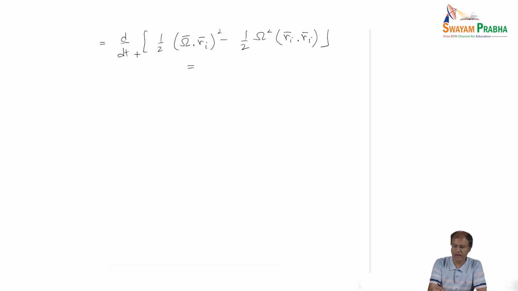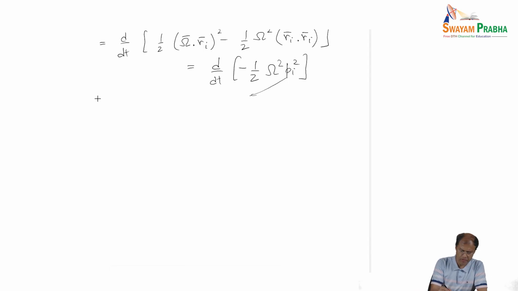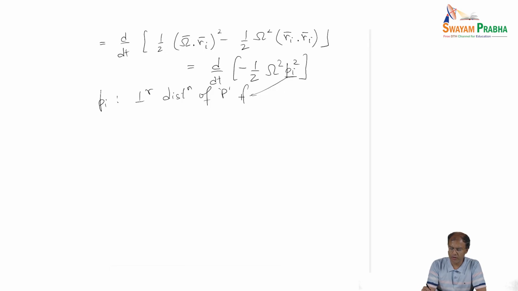We denote this entire expression as ddt of, we introduce a new variable, omega square times pi square, where pi is the perpendicular distance of p from the rotation axis.